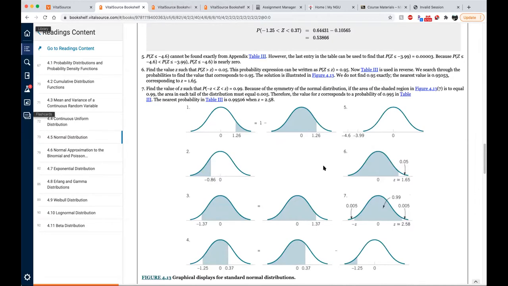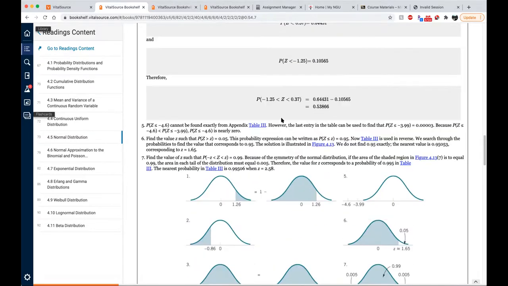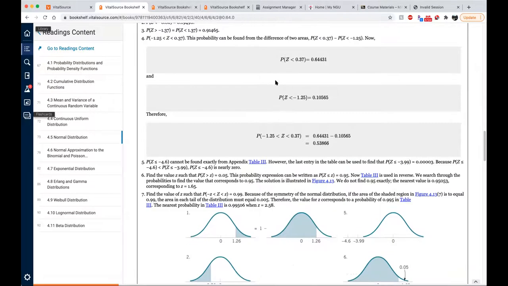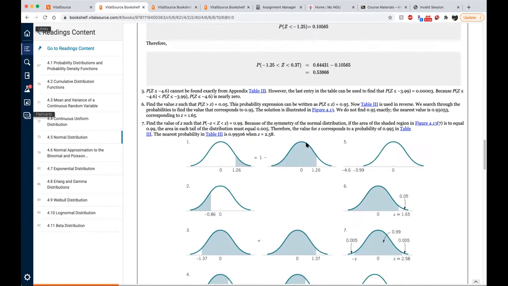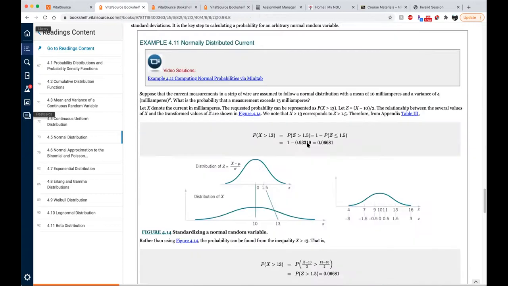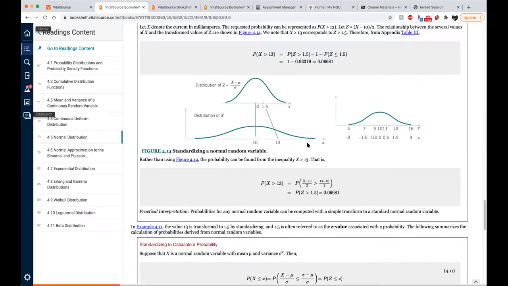Simply, you can find any probability of a normal distribution using the calculator with any lower limit, upper limit, right? So I'll skip example 4.10, and then I'll cover example 4.11, right?